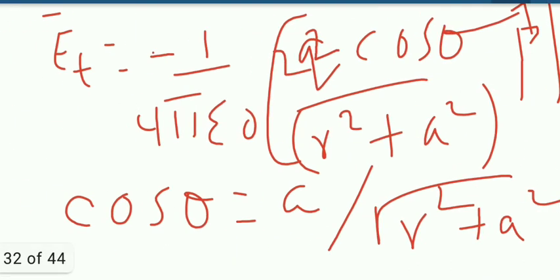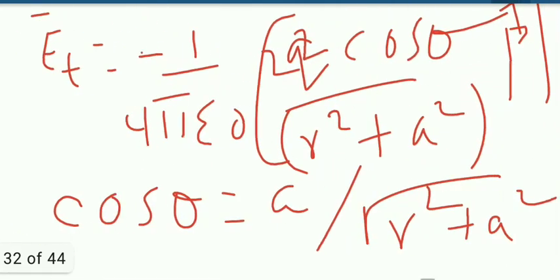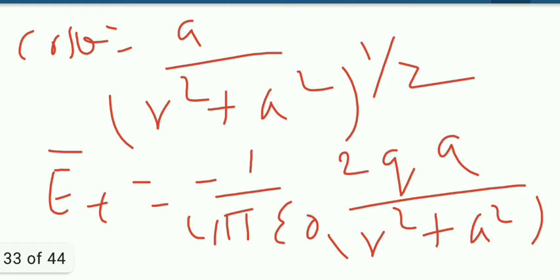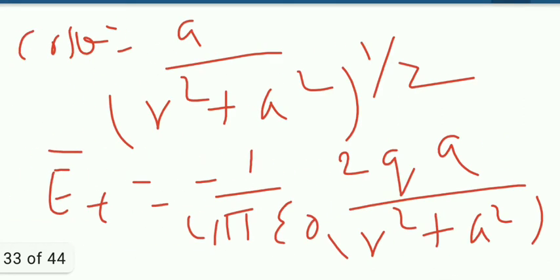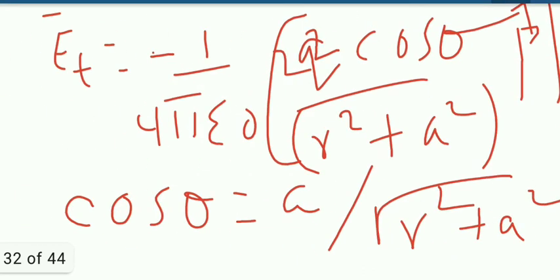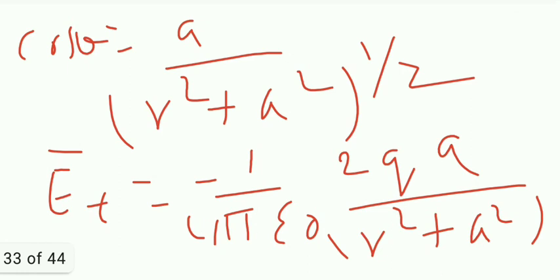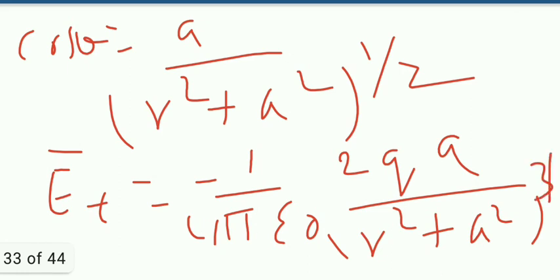You see here already I have R squared plus A squared. This again I multiply by R squared plus A squared to the power half. So it will become R squared plus A squared to the power 3 by 2. Fine. So now we have 2qa divided by R squared plus A squared to the power 3 by 2.